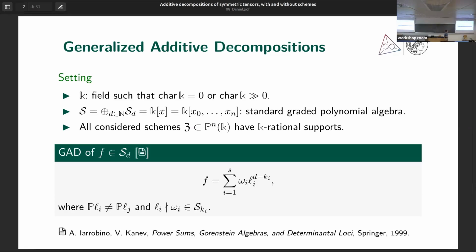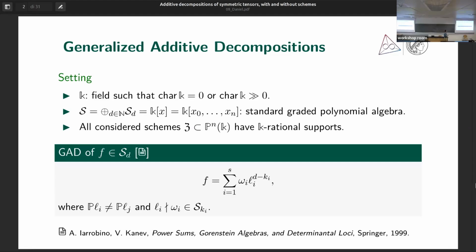The only requirement that we ask is that the linear forms are pairwise not proportional. That would be relevant for the scheme theoretical aspect. And that L_i does not divide omega_i. This is not restrictive. If it does divide, just collect more exponents in the L_i.